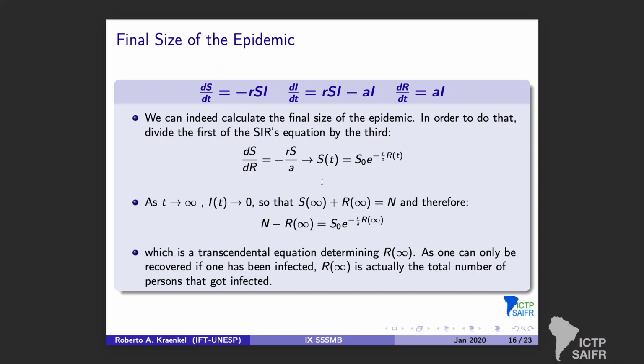So this is also an important concept that shows, for one side, that in a simple model R infinity is different from n, from the total population. Therefore, susceptibles remain.